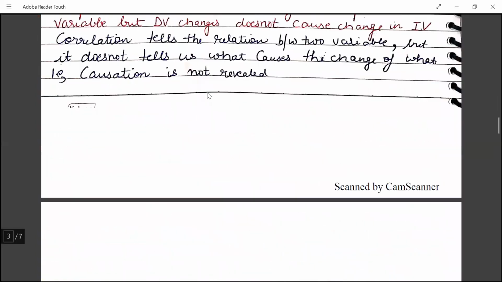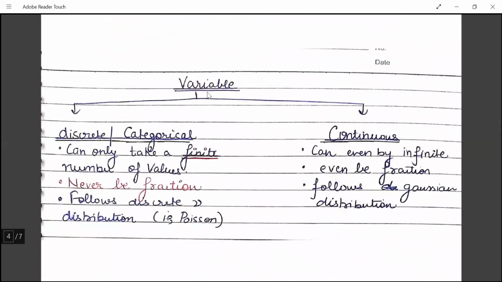Another way to classify variables is discrete or categorical, and another is continuous. Basically, discrete means there are a finite number of values and it can never be a fraction. It can be 1, 2, 3, 4, but not a fraction. And categorical is one in which there are categories like gender.